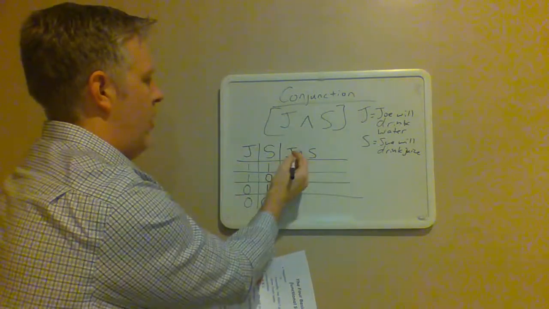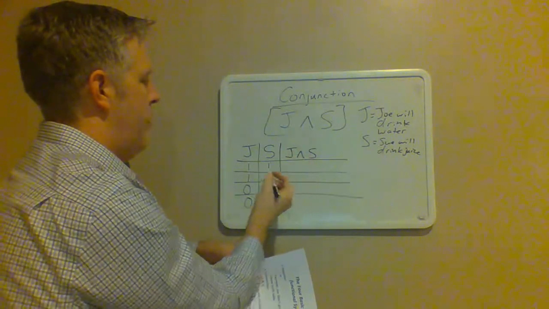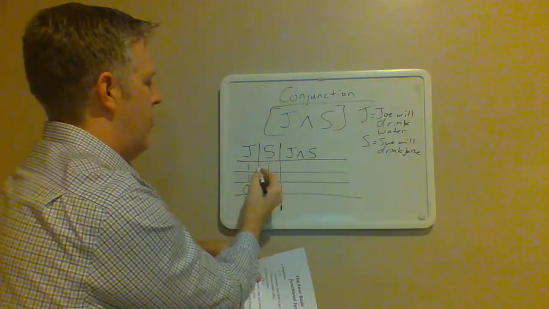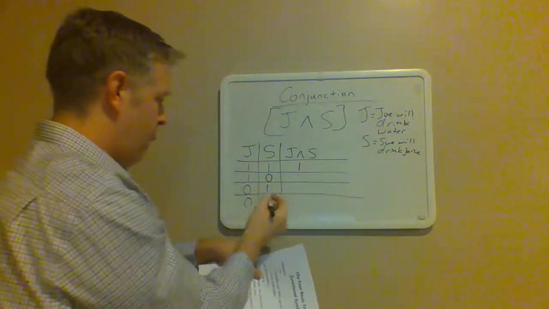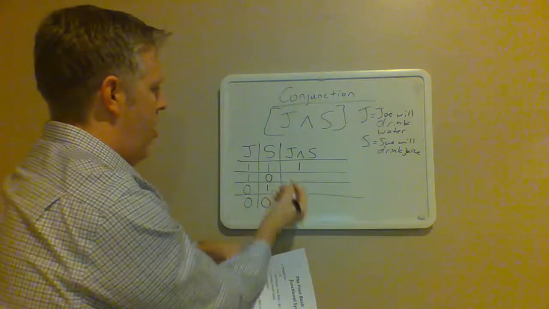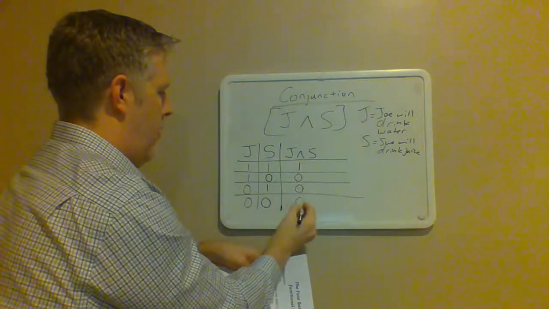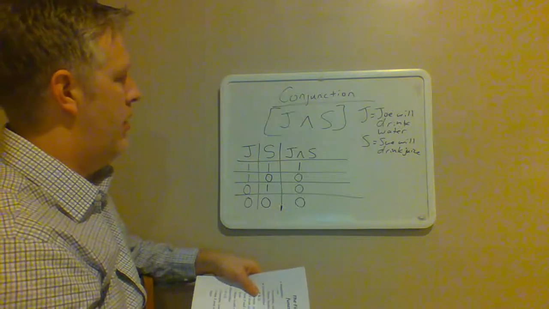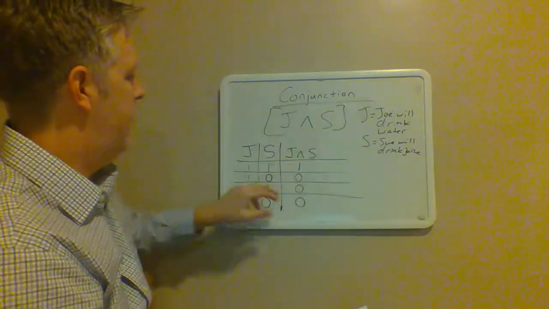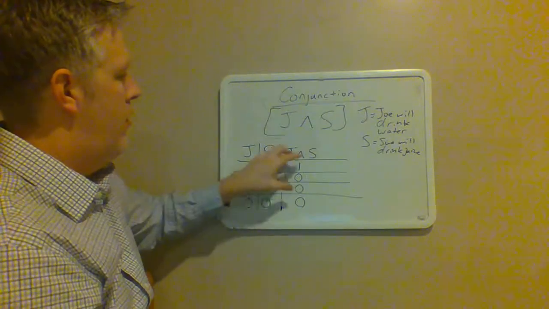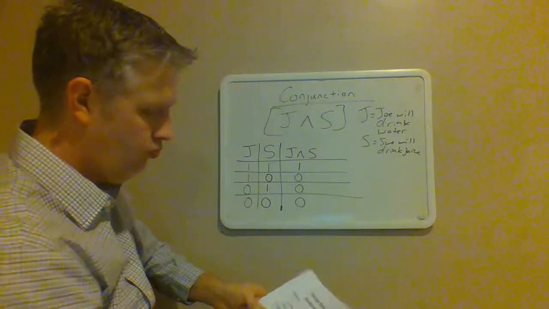So when is this conjunction going to be true? If and only if both J and S are true. In this first row, it's true because they're both true. But in every other row, one or more of the conjuncts are false, so every other one is going to be false. As long as one of those two parts is false, the whole thing is false. So that's a conjunction.